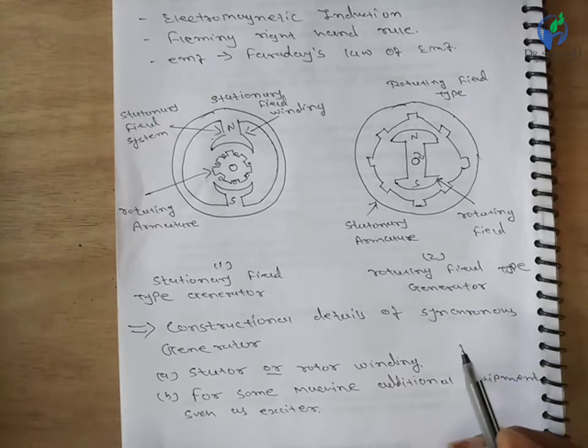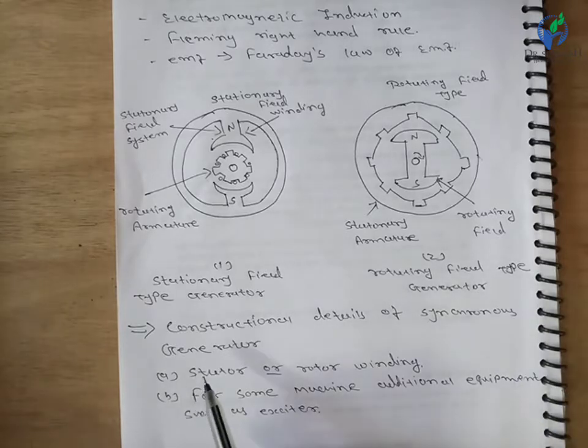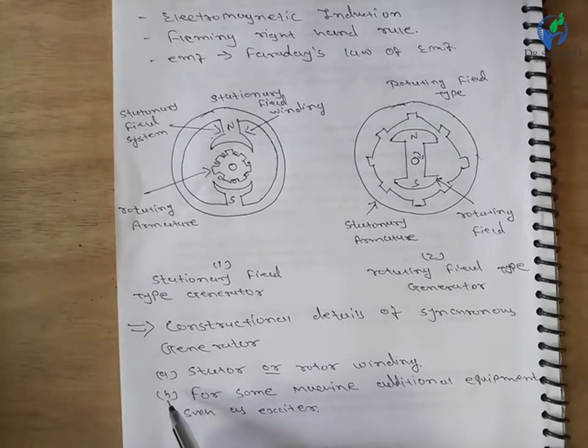The synchronous machine has the following main parts. First is the stator or stator winding. Second is the rotor or rotor winding. And third, for the same machine, additional equipment such as an exciter.